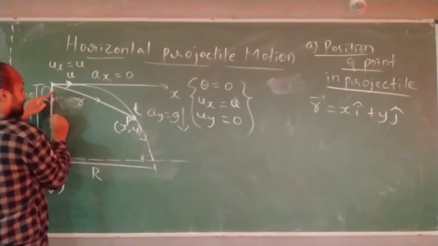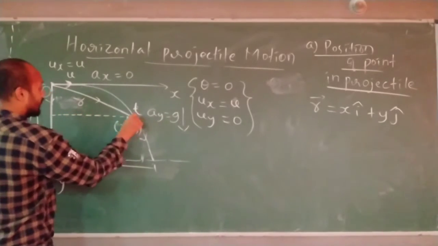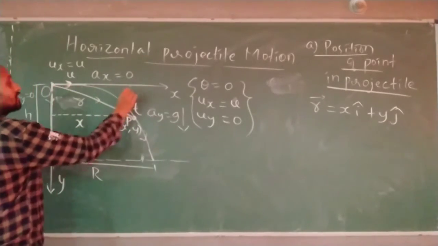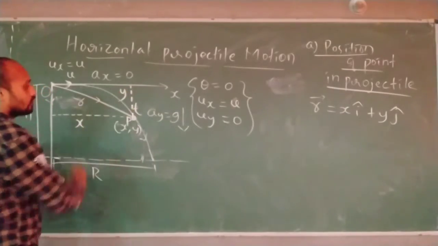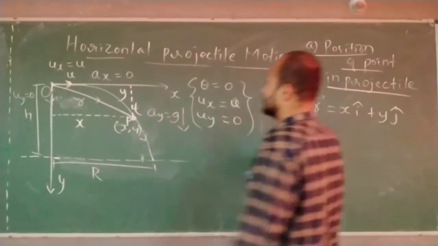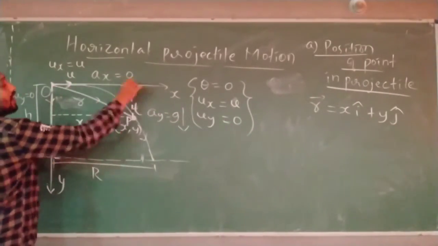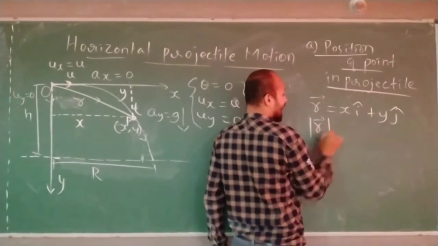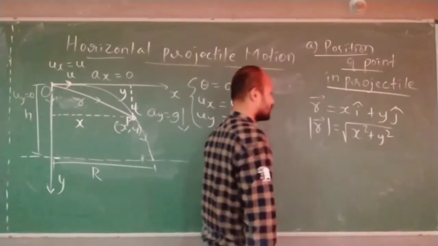This distance is x, the distance from the origin along the x-axis to the point P. What is y? Whatever distance you are measuring along y, this is y. Correct? So the magnitude of R will be root of x square plus y square.